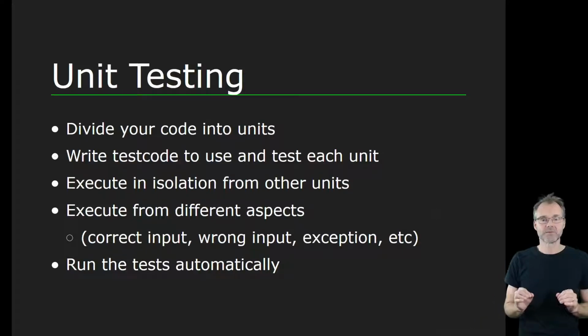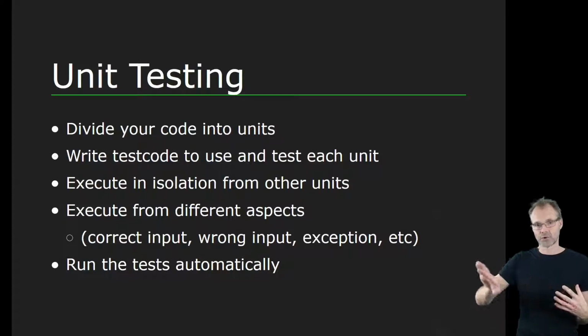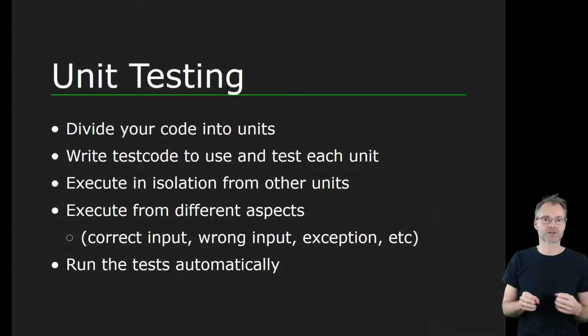Each unit that we're going to test, we want to test isolated from the other units. So we need to find a way to extract only this class and test it independently, in isolation from all the other classes of our system. That is an important part, and we're going to talk about some techniques to do that.